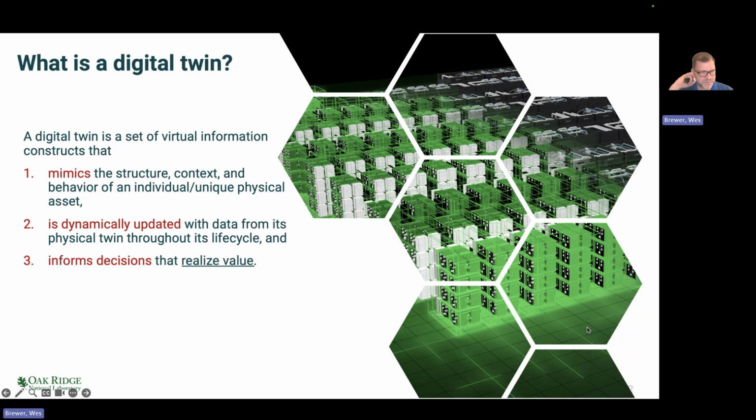And three, informs decisions that realize value. And this is really important. The end goal is that we build something that's going to provide some level of value through being able to inform decisions. This definition is from the AIAA Digital Engineering Integration Committee, and was later expanded by the National Academies of Science.